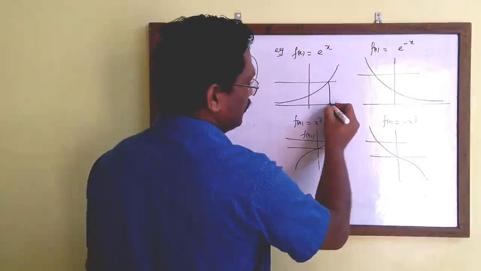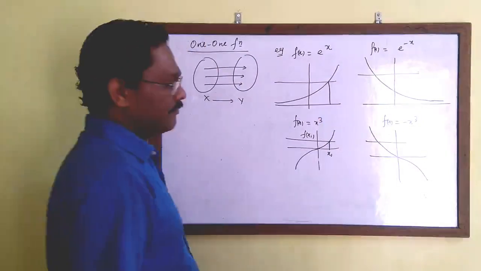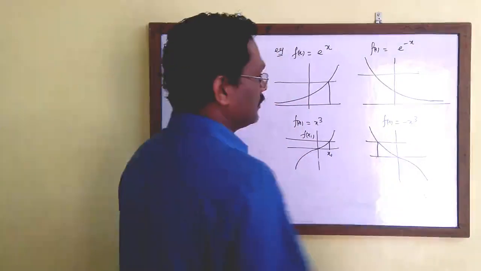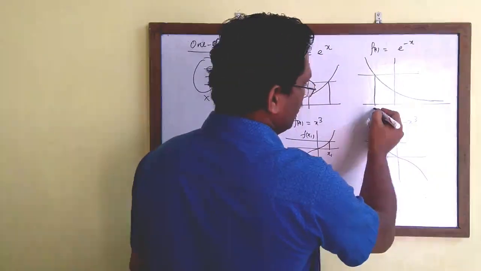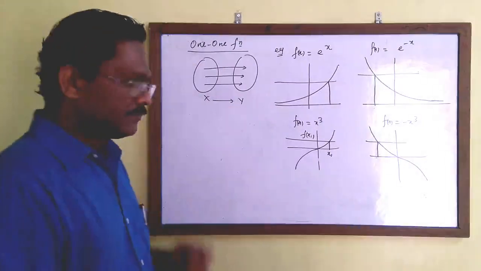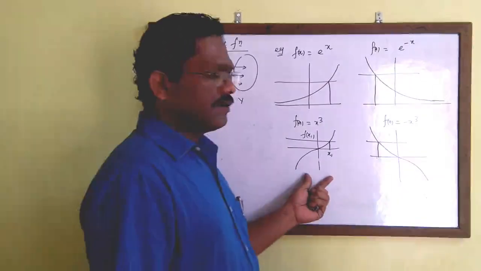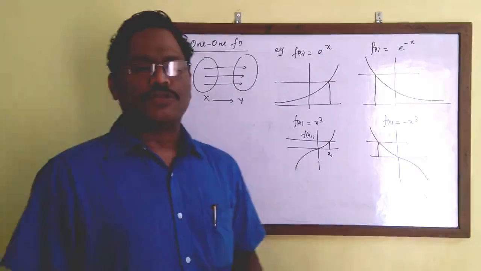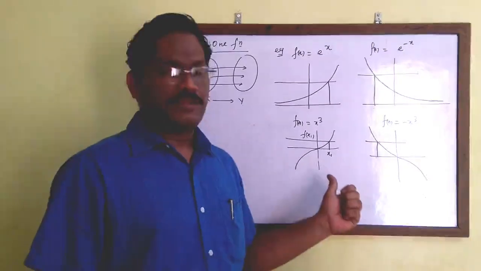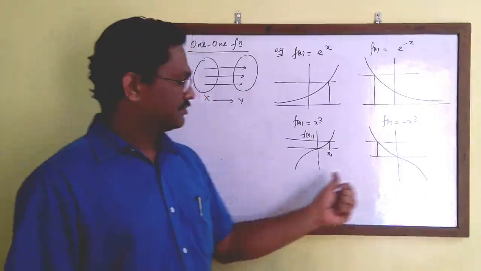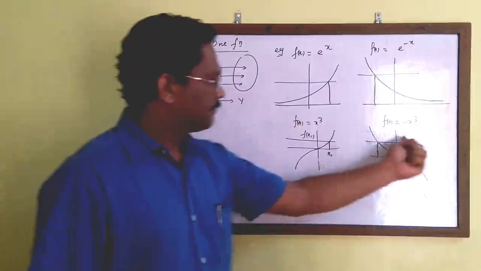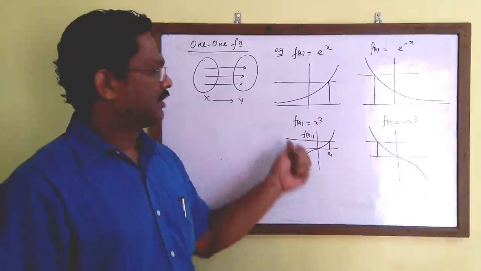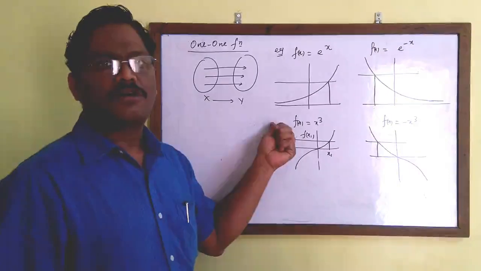Here also there is only one value of x which gives this value of y, and here also, and here also. So this is the simple graphical test for whether it is a one-one function or not. The best method to identify whether a function is one-one is graphical: draw a line parallel to the x-axis. If it cuts the graph at one point, that always means the function is a one-one function.